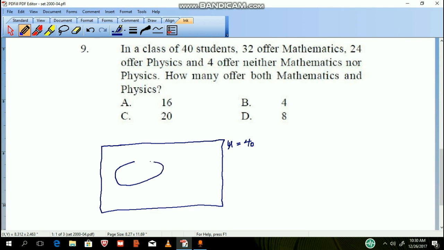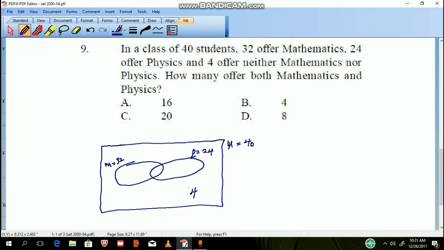Mathematics is 32. 24 offer physics. Physics is 24. 4 offer neither physics nor mathematics, so 4 will be outside.